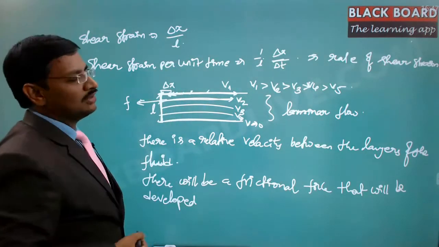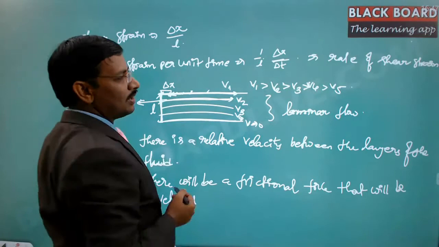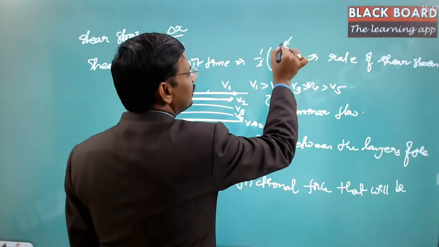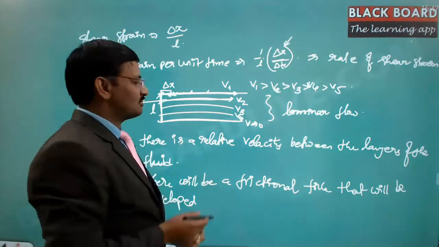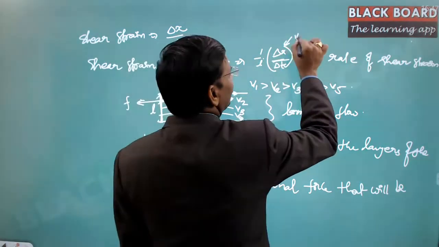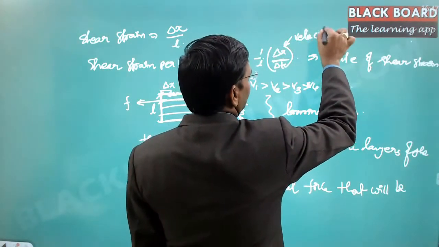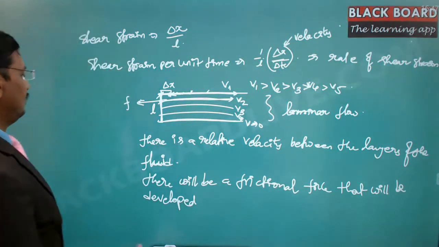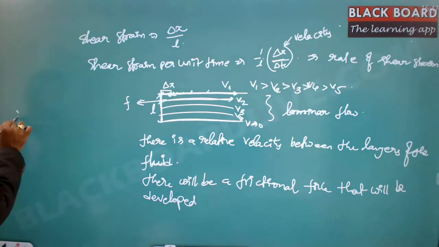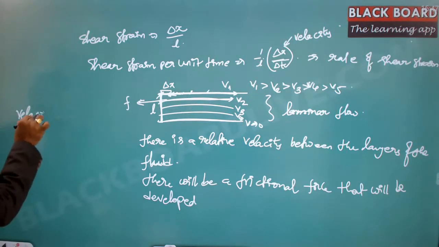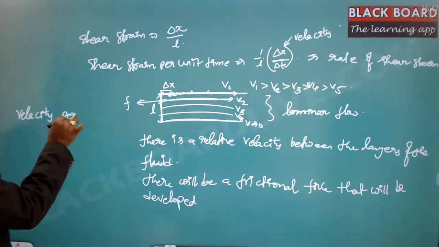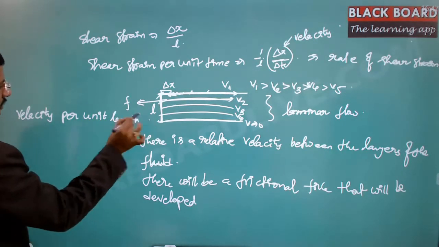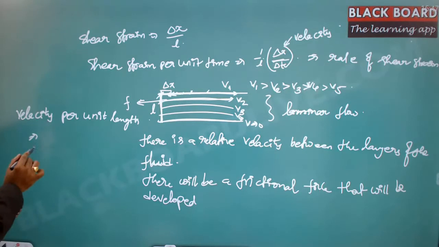Now if you notice, 1 by L times delta x by delta t is what we usually treat as the rate of change of displacement of the particle, which is nothing but the velocity. So this velocity per unit length is called the rate of shear strain.